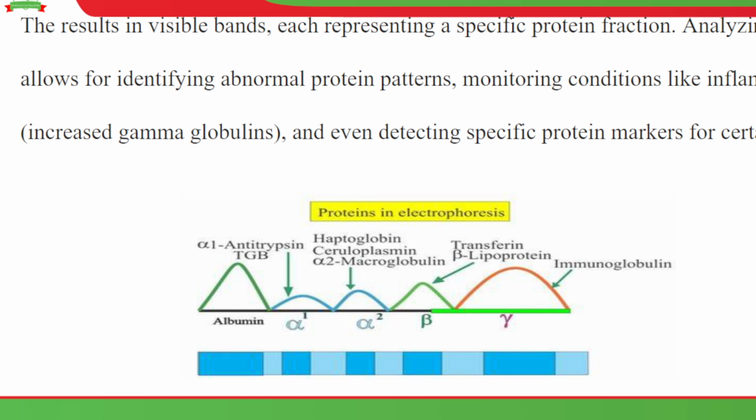This is important because it allows for identifying abnormal protein patterns. You find out that there is more of a certain protein than the other. Like in inflammation, you have increased gamma globulins. It will show you that you have inflammation in your body, and even detect specific protein markers for certain diseases. So this is very important.